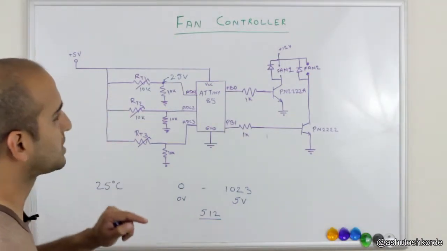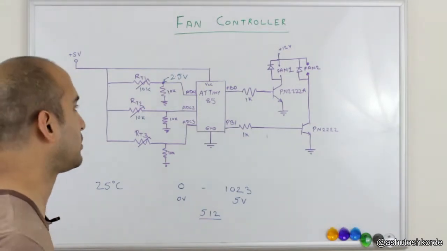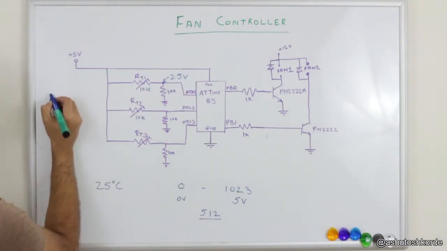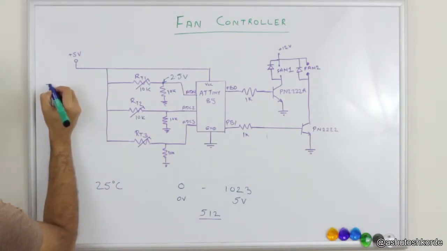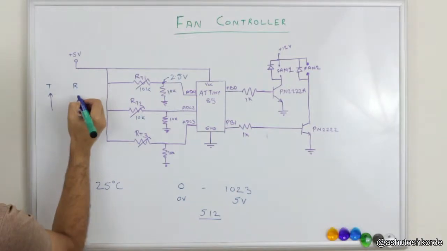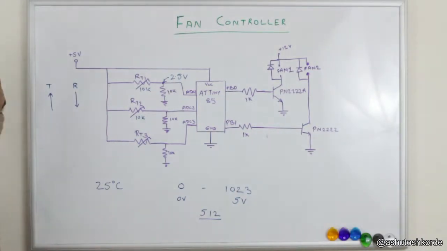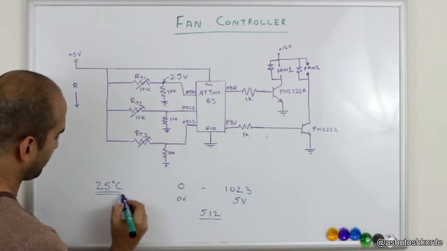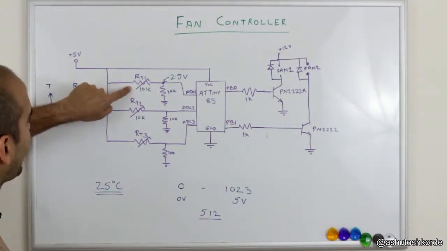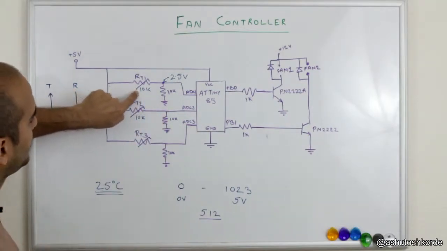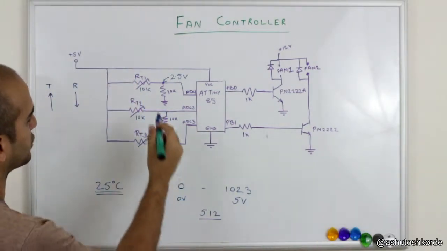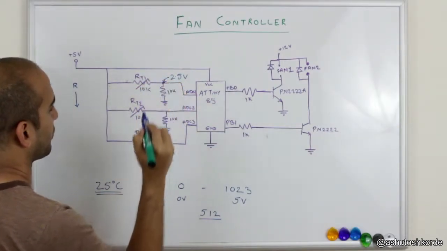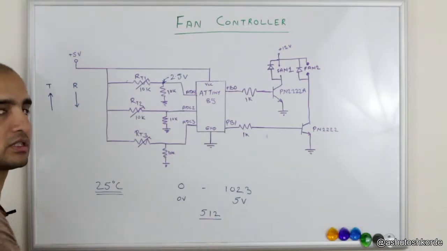Now these thermistors are NTC type, or they have a negative temperature coefficient. That means as the temperature rises, the resistance decreases. As this 25 degrees rises, what would happen is the resistance of these would decrease, and so would the drop across the thermistor.